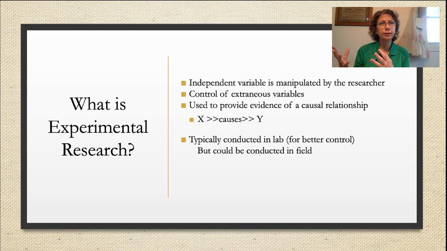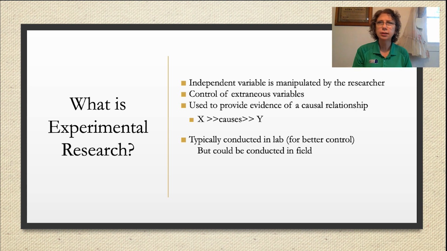That's your independent variable, like the treatment. If you were testing a treatment for depression, does this treatment result in the outcome of less depression? And that's the trick of it: experimental research is focused on causal relationships. This situation causes this outcome.